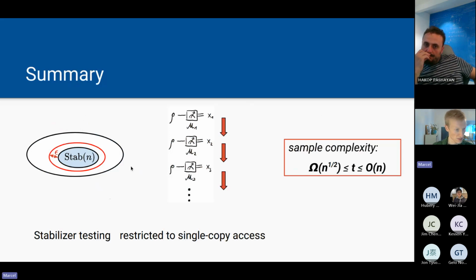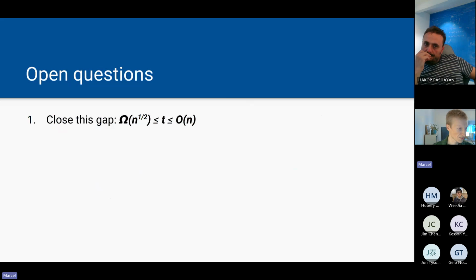Okay, basically we already touched on both of the most pressing open questions that arise from this work. So there's a gap in our characterization still. It's small, but it's there. And it's somewhat unsatisfactory for me that these two bounds don't agree yet.